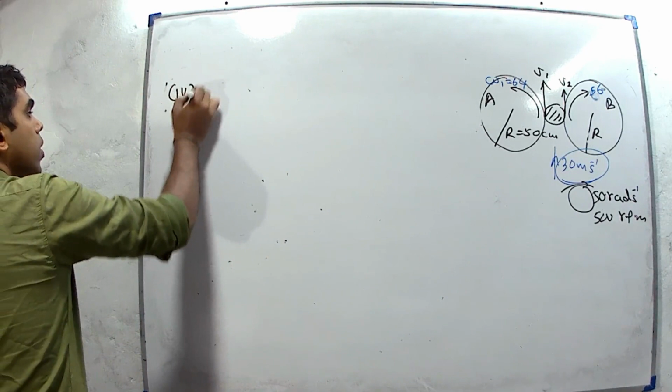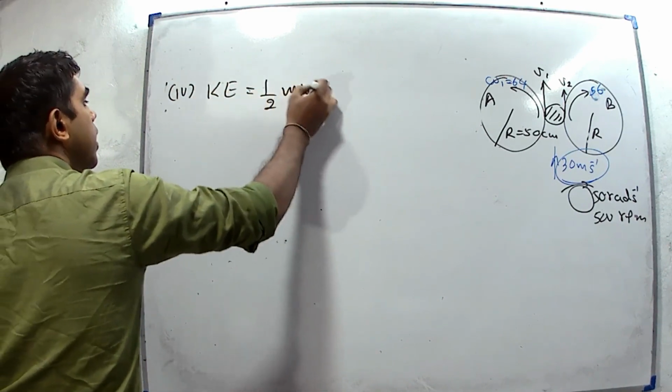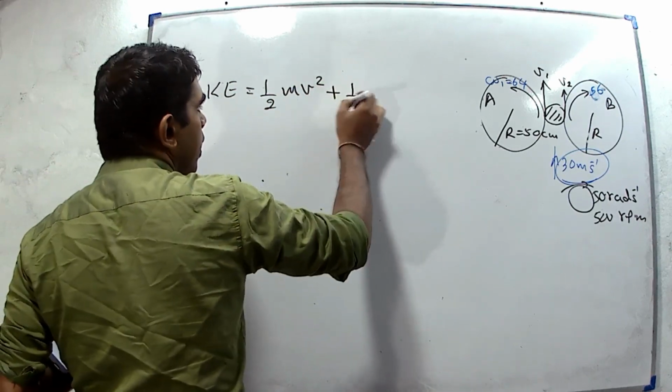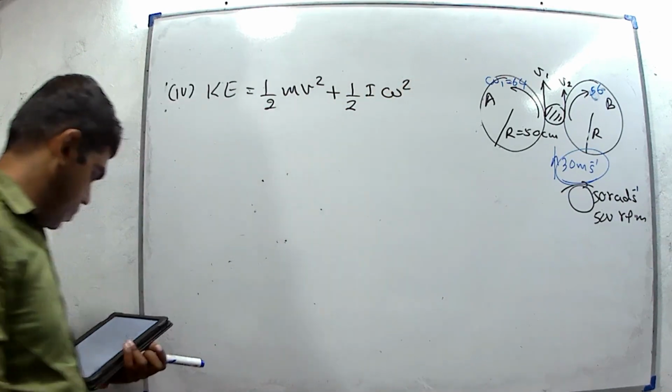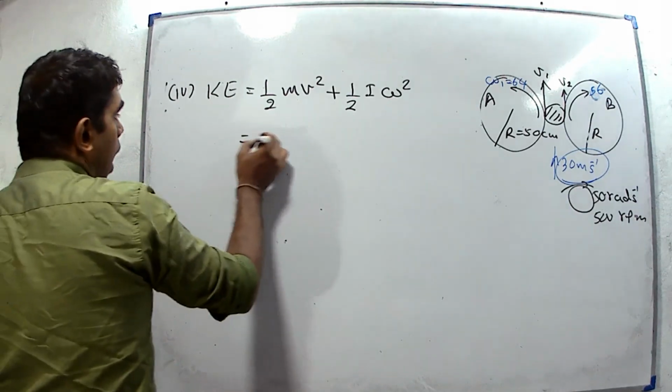Part 4. Total kinetic energy. We can write linear kinetic energy, half mv squared, plus rotational kinetic energy, half I omega squared. And we have to substitute the I value.